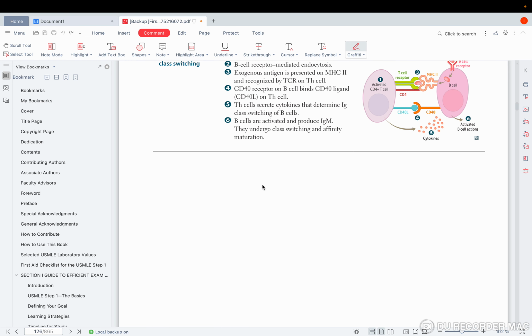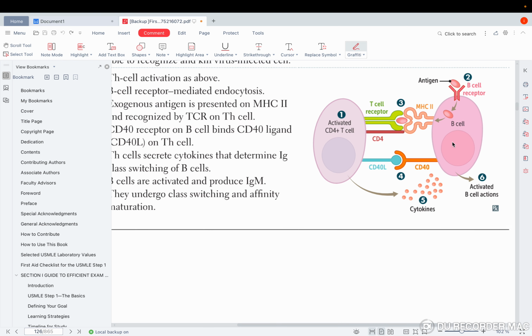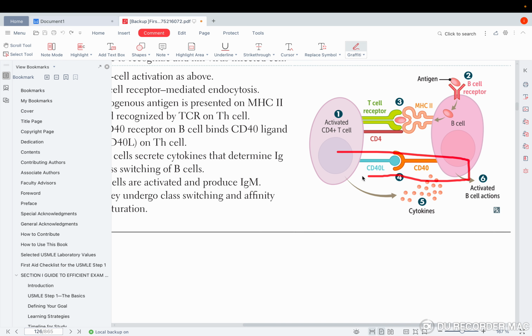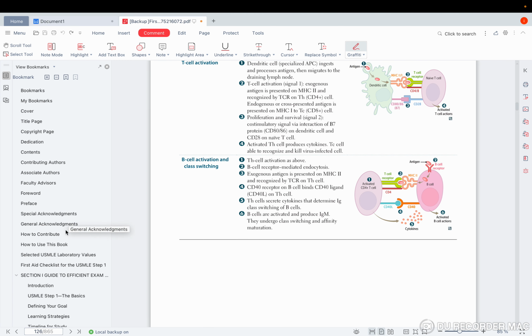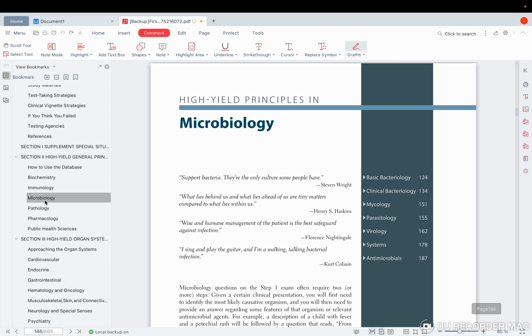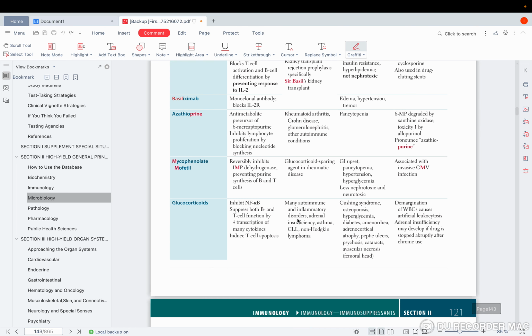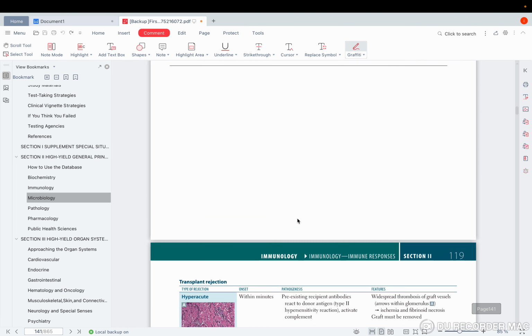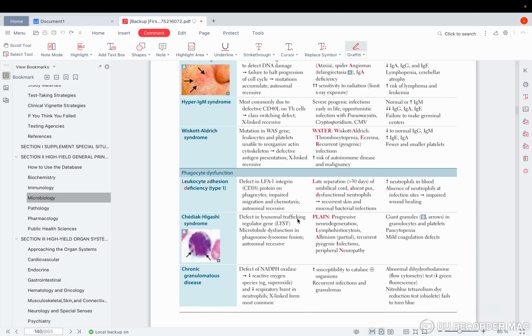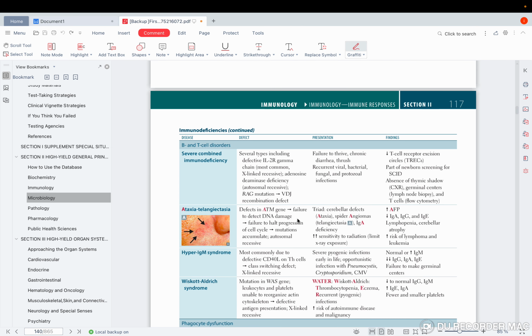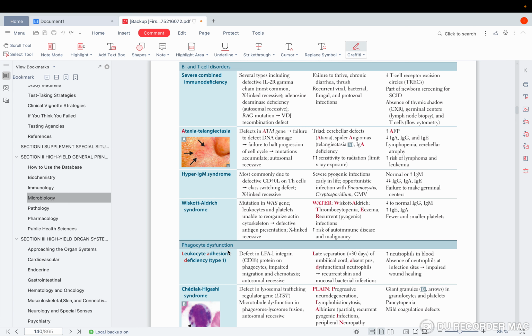Okay, good. So if someone gets a defect of this interaction, which disease will he develop? If somebody does not have the CD40 ligand interaction, which disease does he have? Yep, it's hyper IgM syndrome.